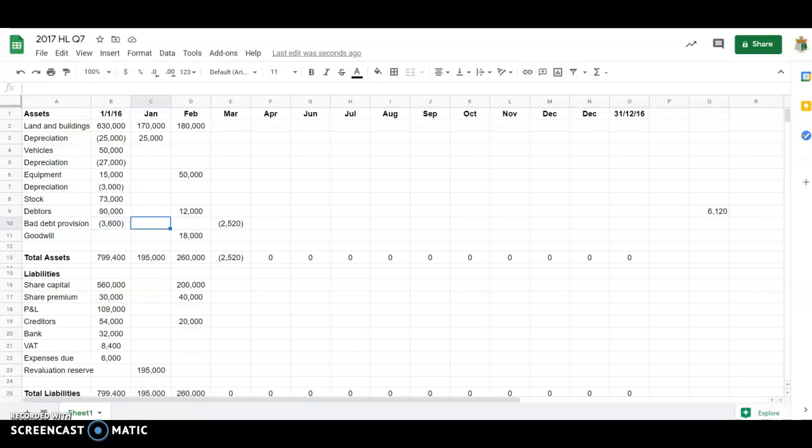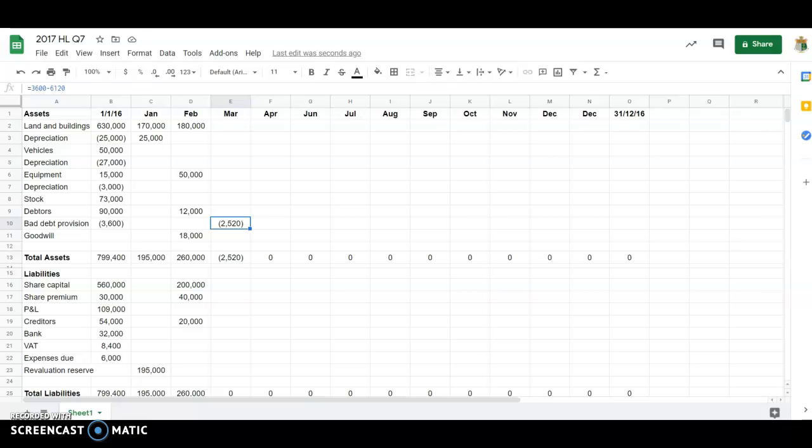Okay, so the provision is 6% of all your debtors, so the 102,000. So the new provision is going to be 6,120, but you've already got a provision there of 3,600. So you're just adding on here whatever will make the provision go up to 6,120. So I might include that over here as maybe a working down the end. I'll just get rid of it for now. All right. So 2,520 of an increased bad debt provision.